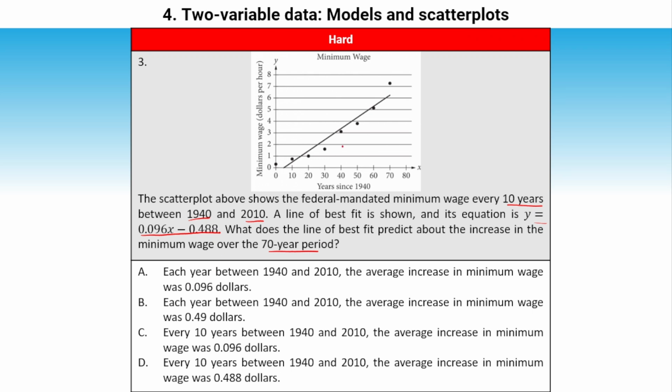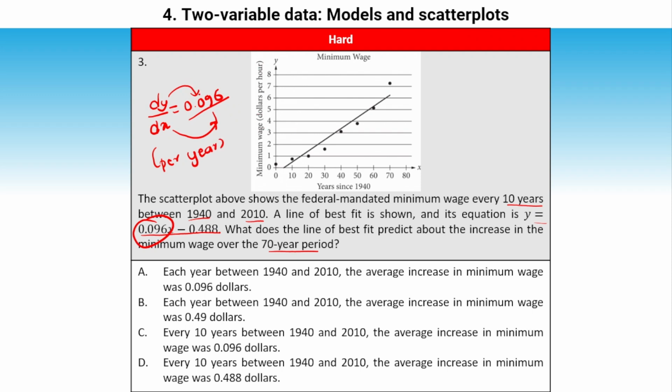Okay, in this case, most of the time you have to interpret the slope. So what is the slope of the line? That is dy by dx, which is 0.096 divided by 1. So per 1 unit increase in x, y will increase by this amount. What is x? x is the year, so this is per year. What is y? This is the minimum wage in dollars per hour.